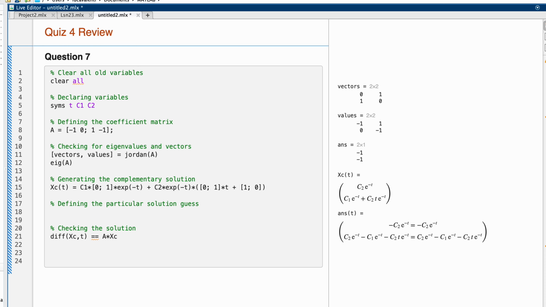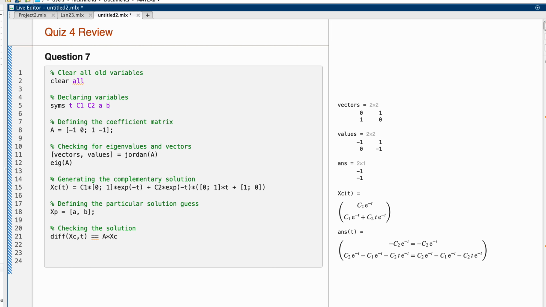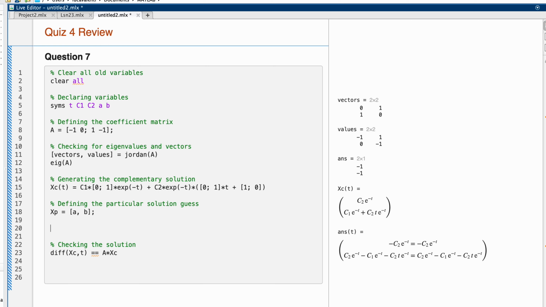That's going to be xp equals the vector a comma b. Okay, so I'm going to add those variables here.